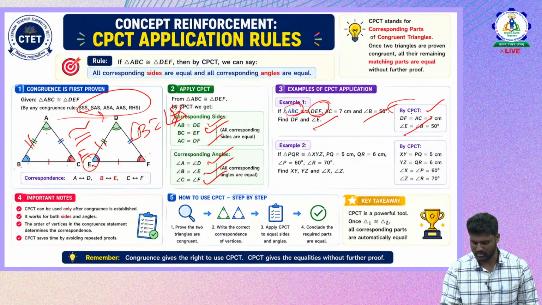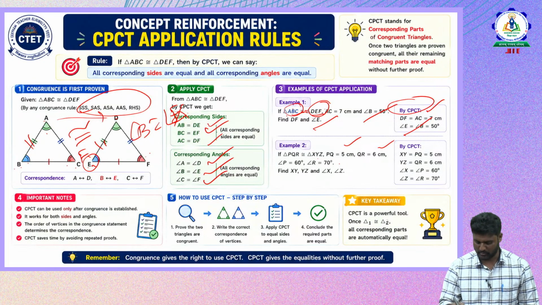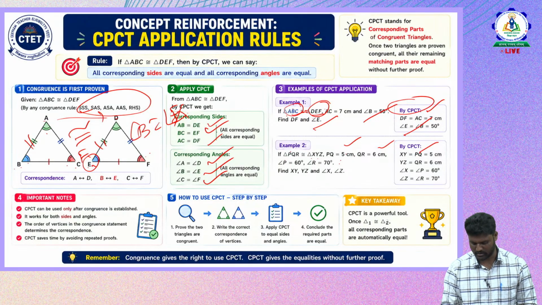By seeing the question itself, we can say both given triangles are congruent by the CPCT rule. Similarly, the second question: if triangle PQR is congruent to triangle XYZ, where PQ is equal to 5 centimeters, QR is equal to 6 centimeters, angle P is equal to 60 degrees and angle R is equal to 70 degrees, find XY, YZ, angle X and angle Z. By applying congruent triangle parts, XY is equal to PQ, that is 5 centimeters.